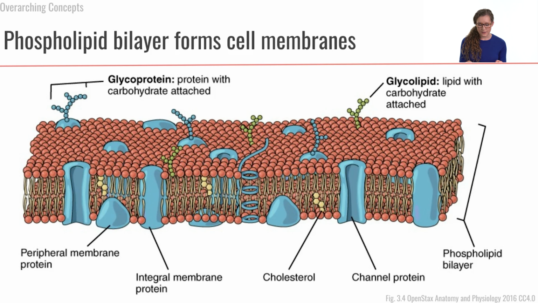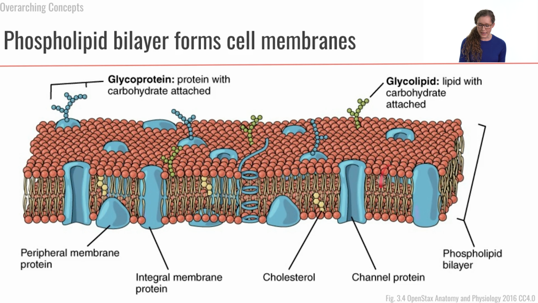So the phosphate heads of the phospholipids are very comfortable being in contact with the watery extracellular environment and the watery cytosol. However, the fatty acid tails are not comfortable being exposed to that watery environment because they're hydrophobic. So that gives insight into why the phospholipid bilayer is made the way it is.